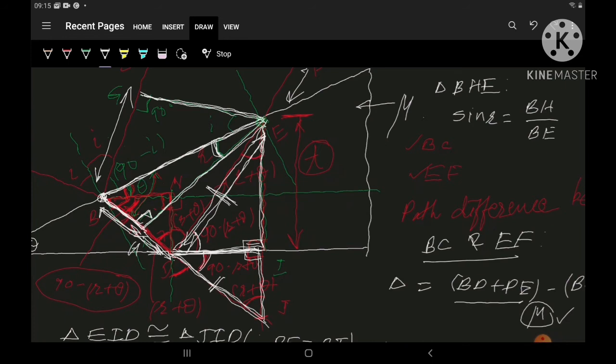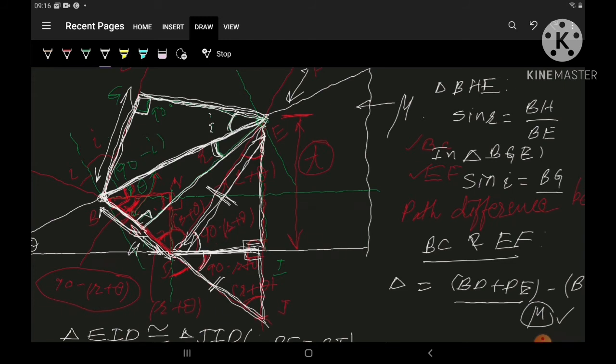Again from triangle BEG, having one angle 90 and the other angle I, let us consider sin I. Sin I is equal to perpendicular BG upon hypotenuse BE. So here we have the value of sin R and sin I.